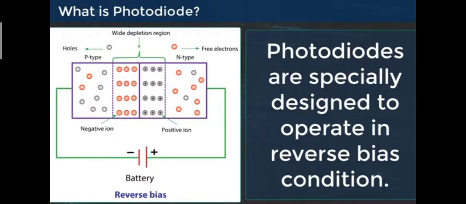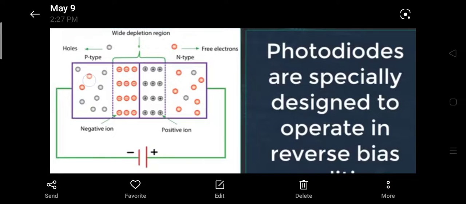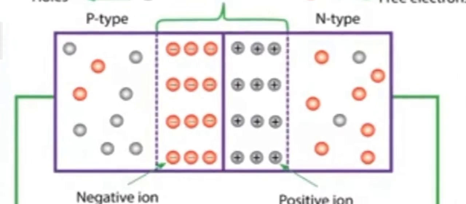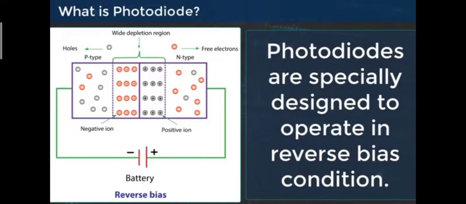But there will be repulsion between these electrons and the electrons in the depletion region. So a small current will be generated in the reverse bias condition also. After a certain time, no electron will pass from the p-type to the n-type semiconductor.